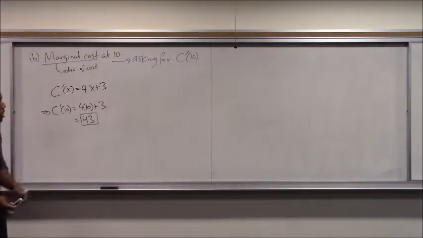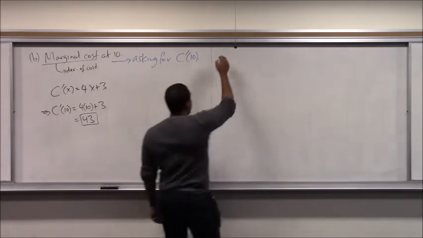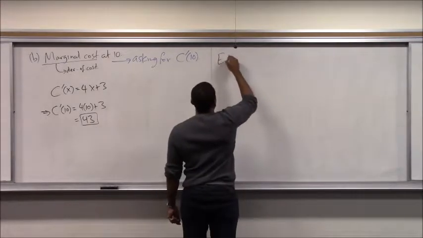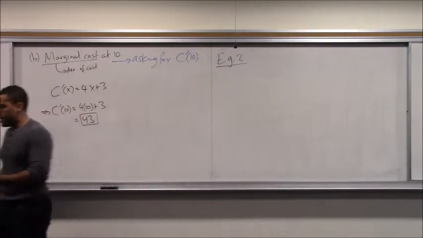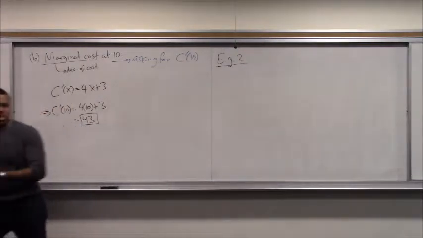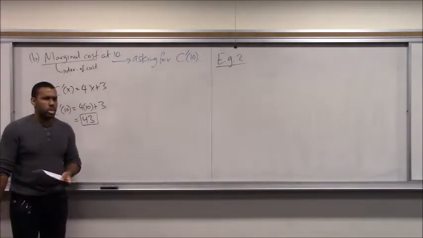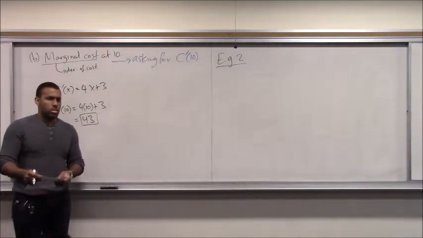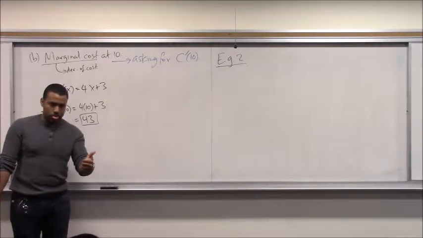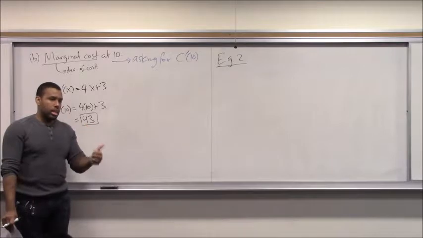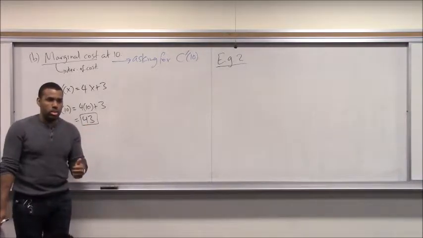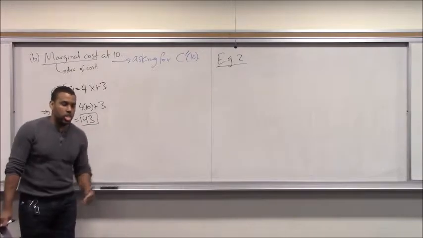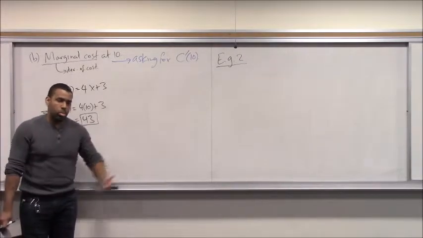Now they can throw all sorts of context at you and they can make it even a little bit more complicated. So let's look at example 2 for a little more complicated example. Are there any questions so far on the idea of marginal cost? So you just need to know marginal means derivative, and in the case of economics and finance, we can use its value at that point to approximate the additional difference between that point and the next point.